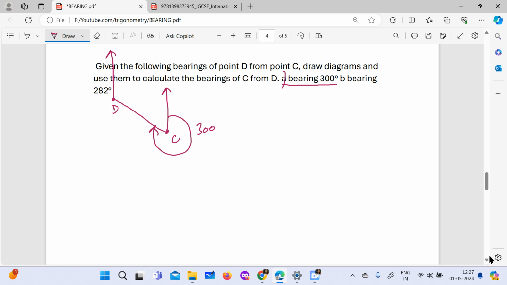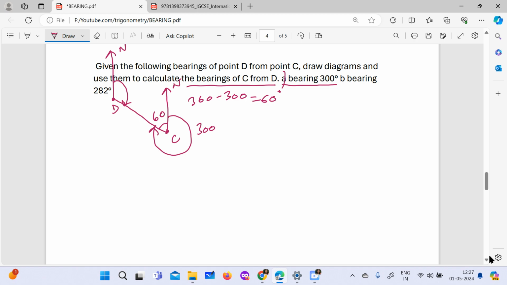Now, what is your question? You have to calculate the bearing of C from D. Means you need to know this. Let me mark this as north. Okay, so if this is 300, obviously this has to be 60 degrees, 360 minus 300, right? So we got one angle, and now you know the properties of parallel lines.